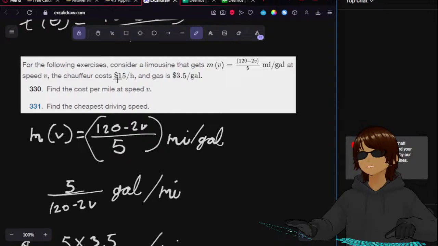Hey, the chauffeur costs $15 an hour. The chauffeur part, this part is confusing me. $15 per hour.